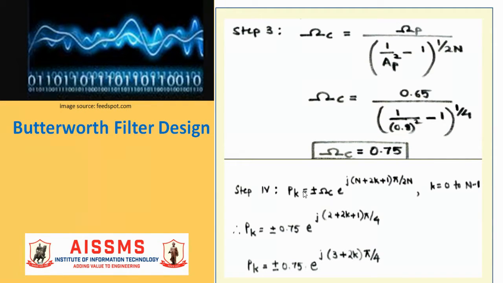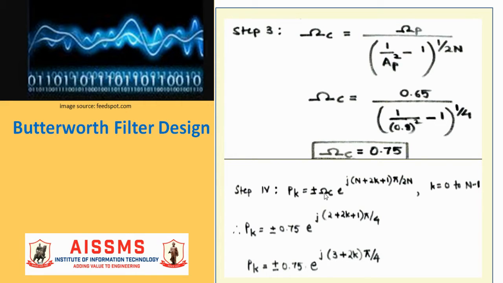Fourth step is to find the poles of H(s), and it is given as Pk is equal to plus minus Ωc e raised to j (n plus 2k plus 1) into π, the whole upon 2n, where k ranges from 0 to n minus 1. And since our n is 2, k will take two values, that is 0 and 1.